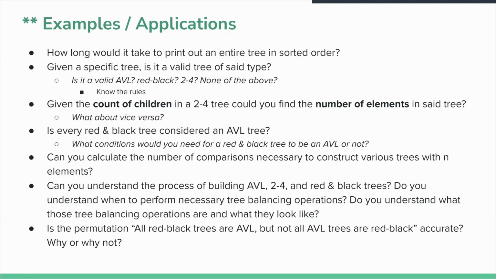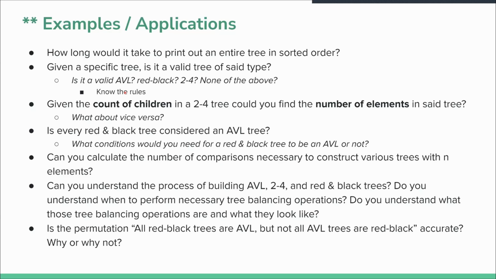My point is you should know these rules. You should know the definition of an AVL. You should know the definition of a red-black. Now, I wouldn't be so worried about me giving you a tree and asking which tree it is, since it could be multiple. But if I say, here's a tree, is it a red-black tree? You should say, no, the first node is red. The first rule is broken.